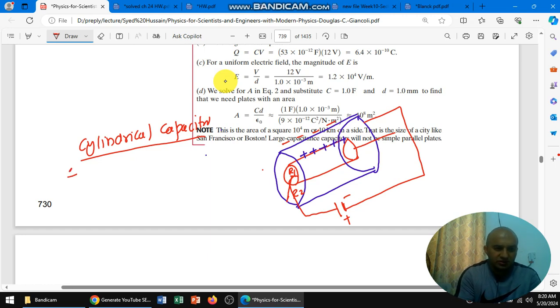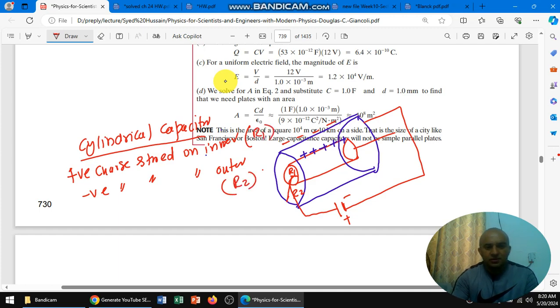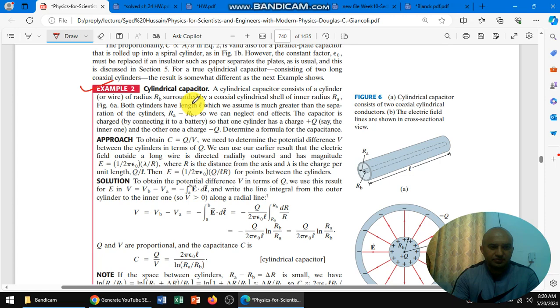So positive charge is stored on the inner cylinder and negative charge on the outer cylinder. Inner has radius R1, outer has radius R2. So now we solve example number 2.